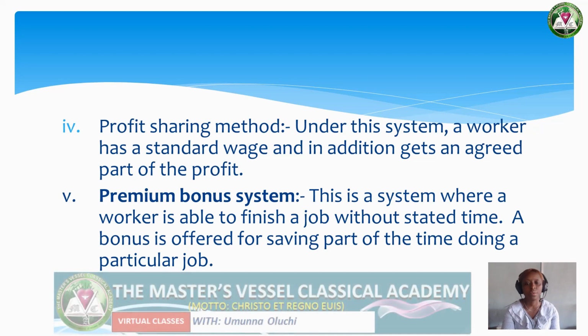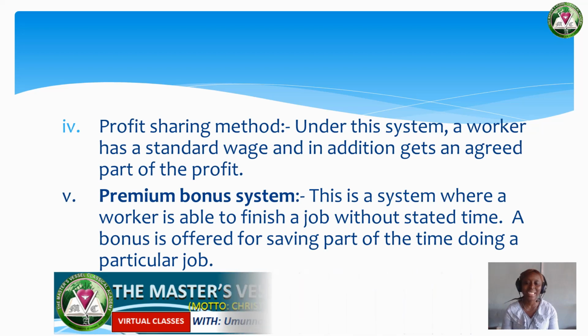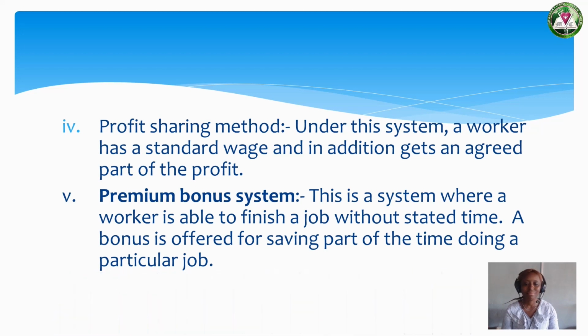Premium bonus. This is a system where a worker is able to finish a job within a stated time. A bonus is usually offered for saving part of the time doing a particular job. Let's say we have work to be done within 3 hours, from 9 o'clock to 12 o'clock.